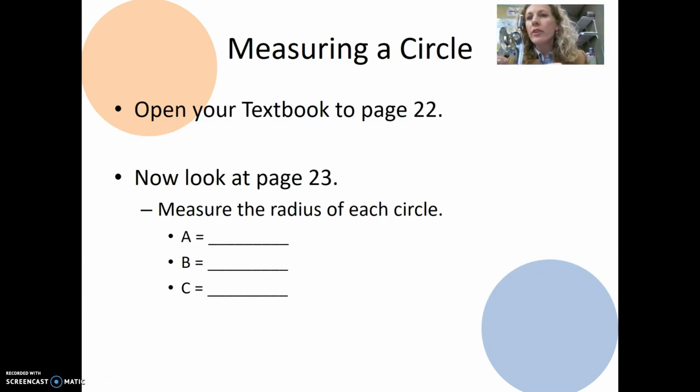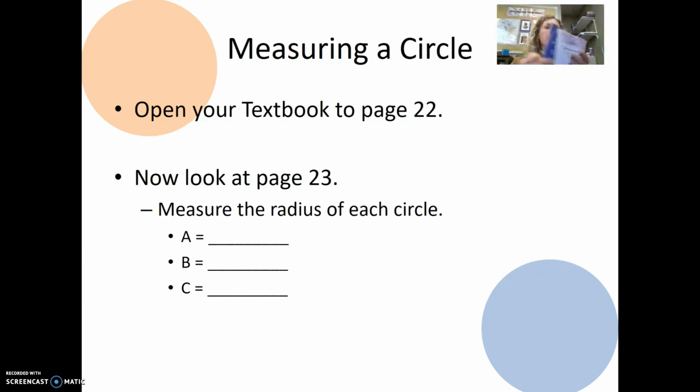On one side of your compass, it's going to say centimeters up here, and on the other side, it'll say inches up here, okay? You're going to want the side that says centimeters, because at least today we're measuring in centimeters, okay? So I want you to use that, and we're going to measure these circles, okay?